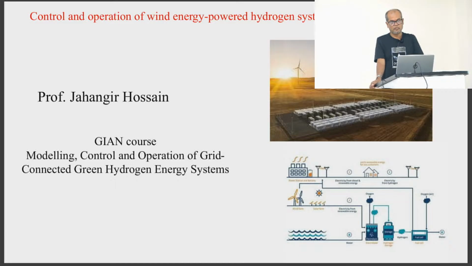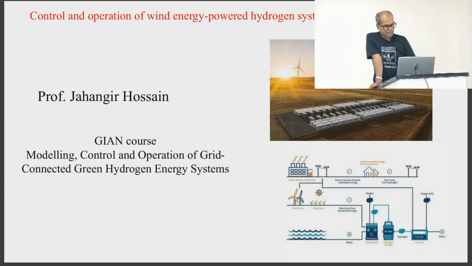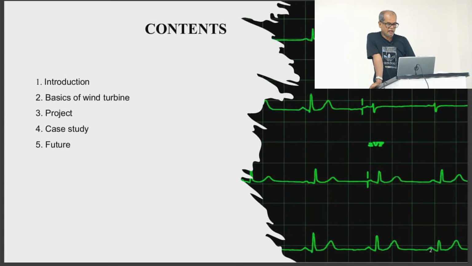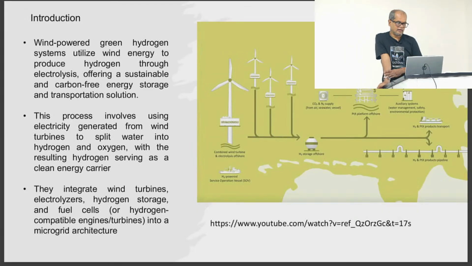The only thing happening here is that the green hydrogen system uses output power from wind either to produce hydrogen, or to convert hydrogen back to electricity. But other than that, there is no significant difference.